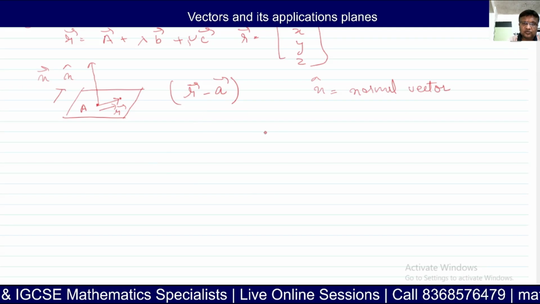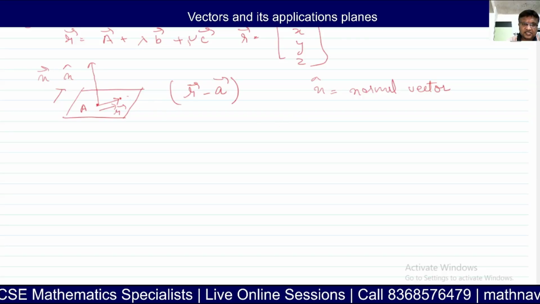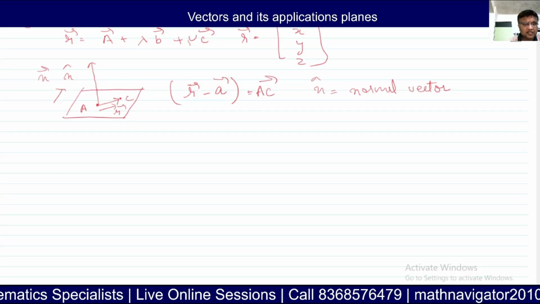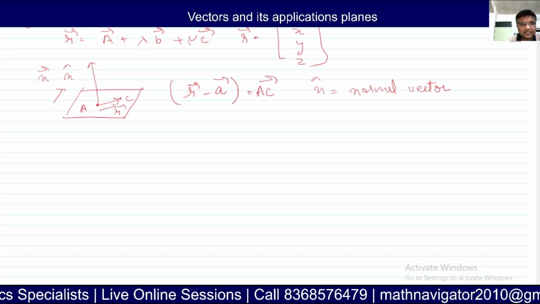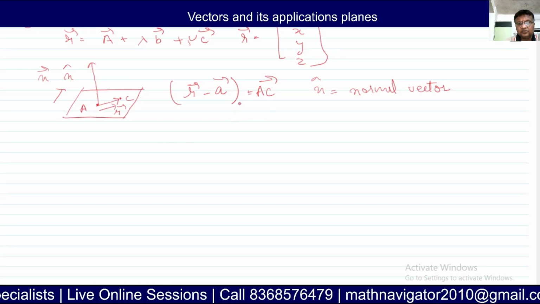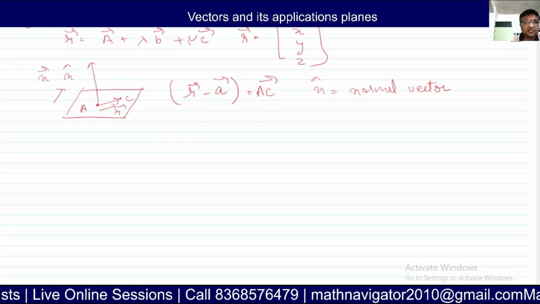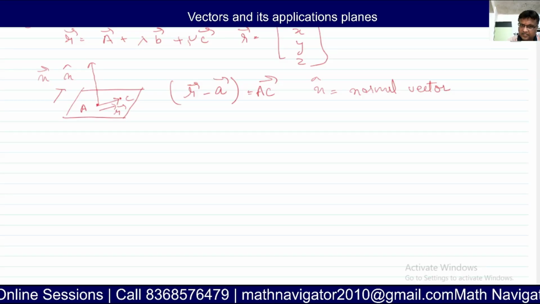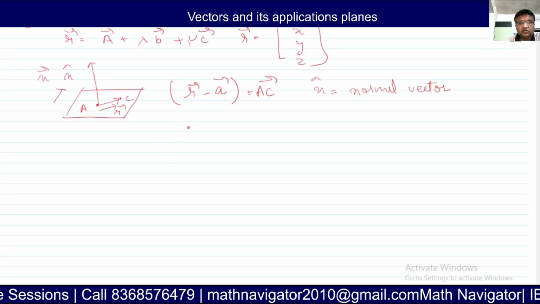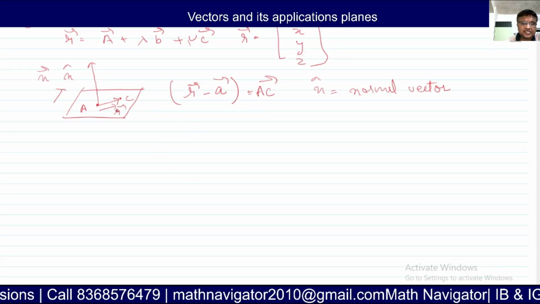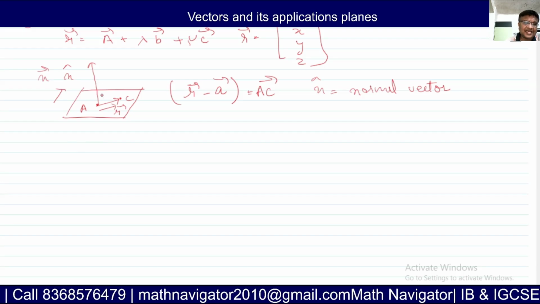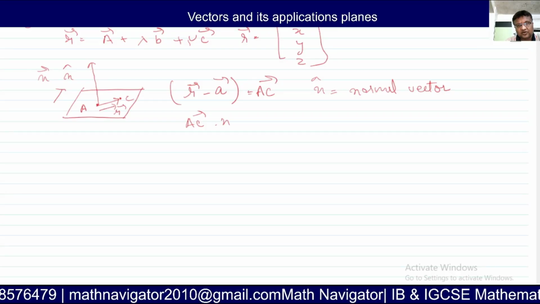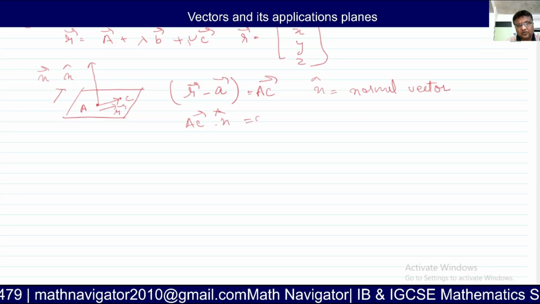So let's call it point C. So it will become vector AC, right? We know this vector n is perpendicular to any line drawn on the plane. So I can say vector AC dot vector n is equal to 0.